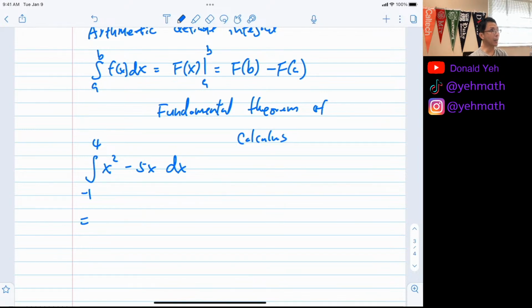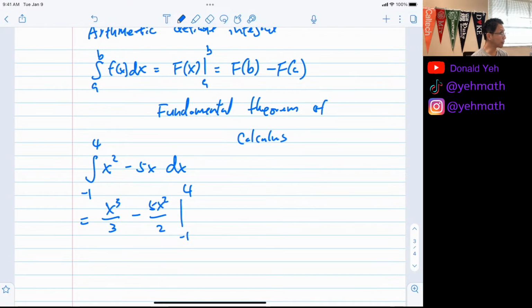What's the integral of x squared? X cubed over 3. Good. Minus, what's the integral of 5x? 5x squared over 2, between -1 and 4. Do you see what I did? I integrated, drew a straight line, and -1 to 4 are my boundaries.